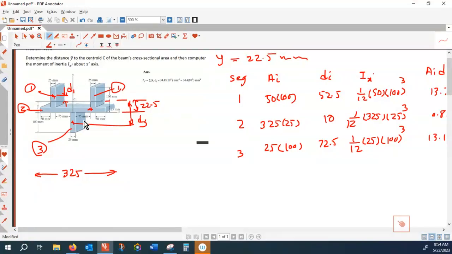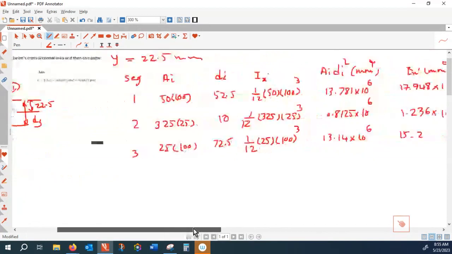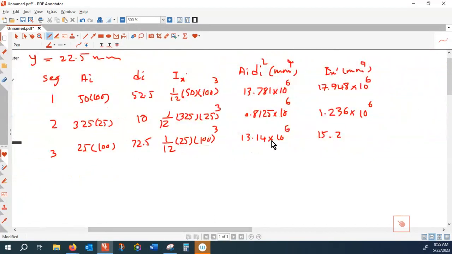Because you use d squared times A, it doesn't matter if that's negative or positive. But here, simply we want to know how much shift you are making, either down or up. The value for that is 22.4 times 10 to the power of 6.